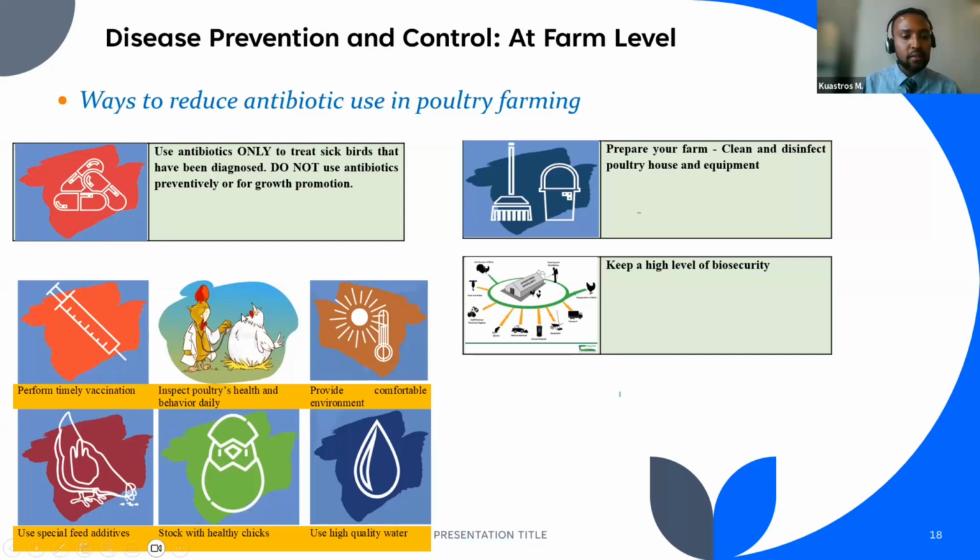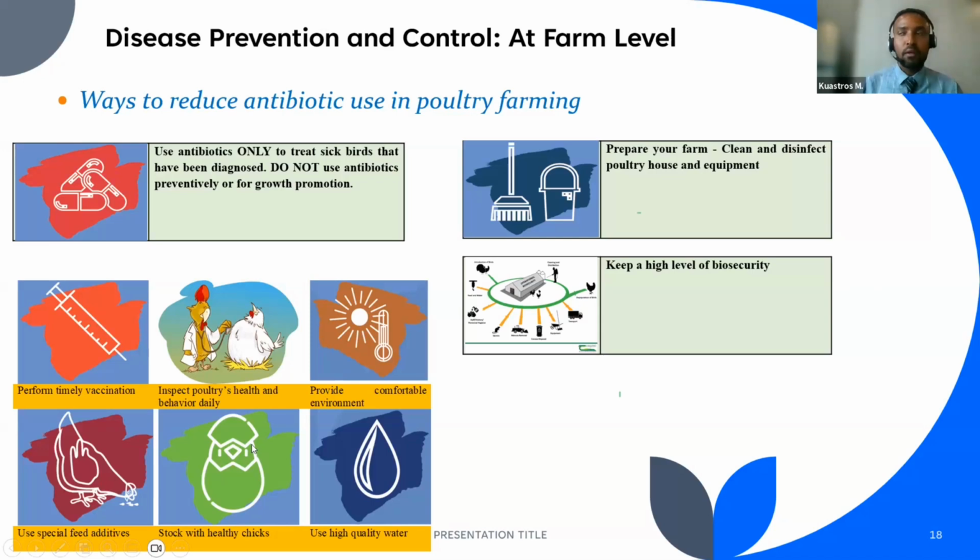So the farm attendant or the farm veterinarian should regularly inspect for any sign of infection or altered behavior. And a comfortable environment is always important. Feeding good nutritive food and also stocking with healthy chickens.